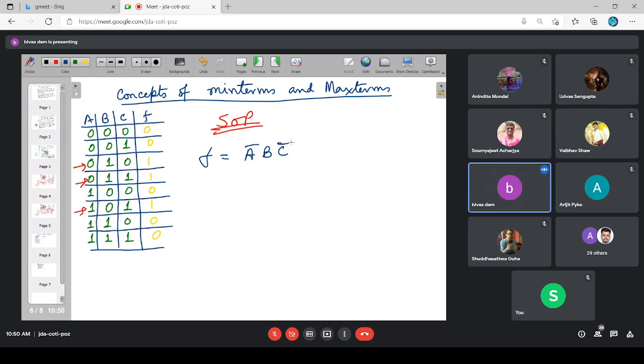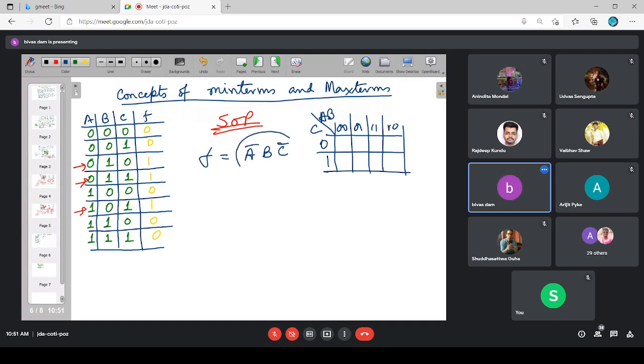Now, if I try to minimize this function using a Karnaugh map, how many input variables should be there in the Karnaugh map? 3. Okay. Now for this product term, how many cells in the Karnaugh map will get occupied by 1?